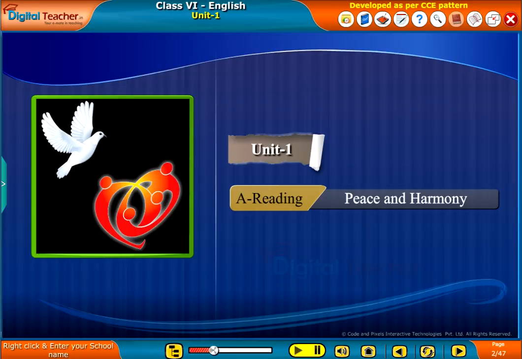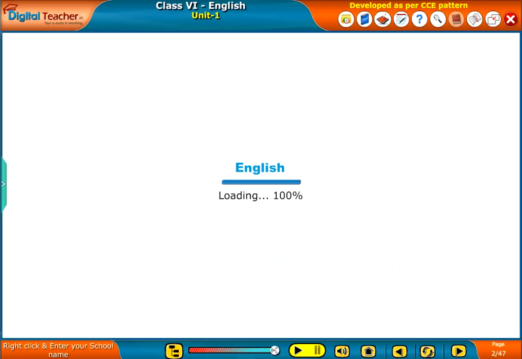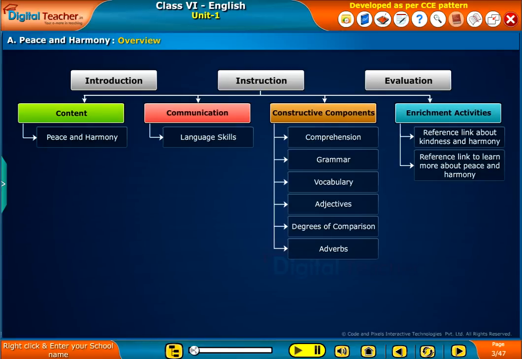Welcome to the reading section, Peace and Harmony. Overview. Let us have a look at the overview. The overview slide consists of 3 sections, namely Introduction, Instruction, and Evaluation.